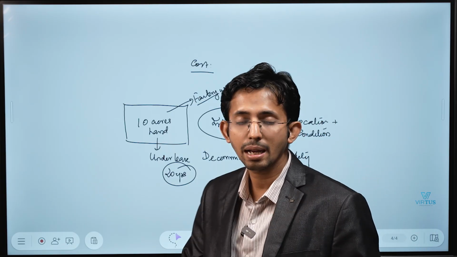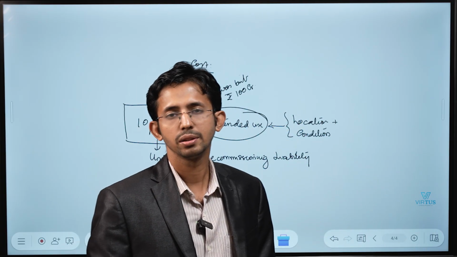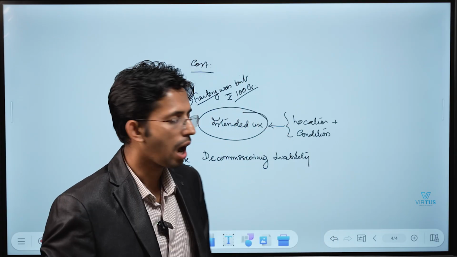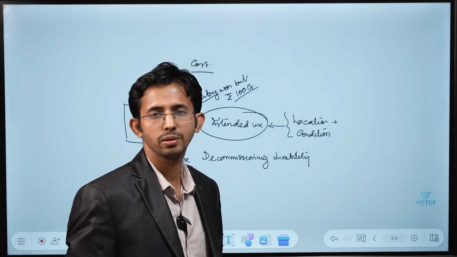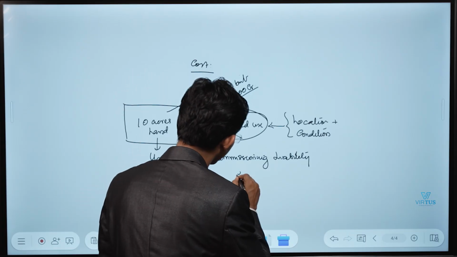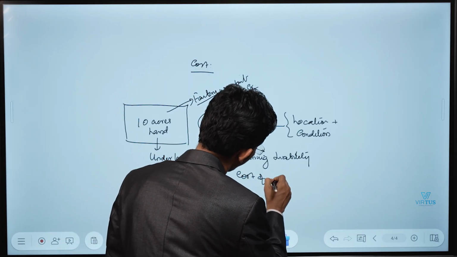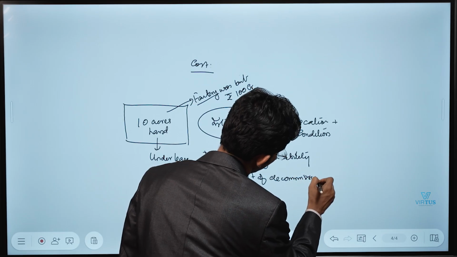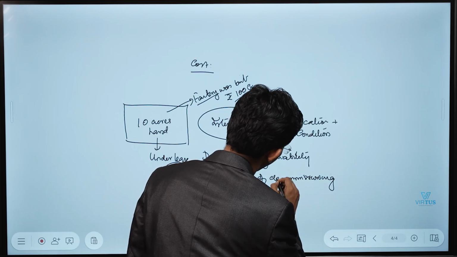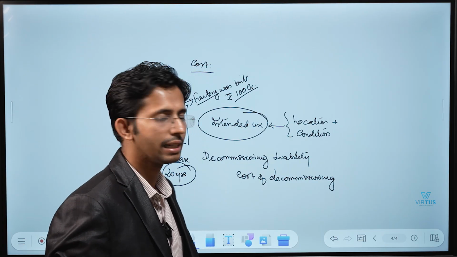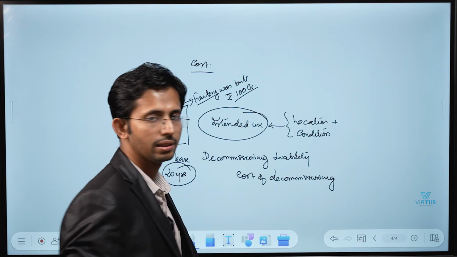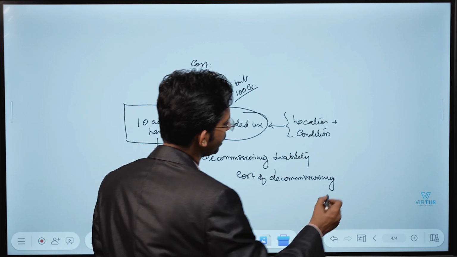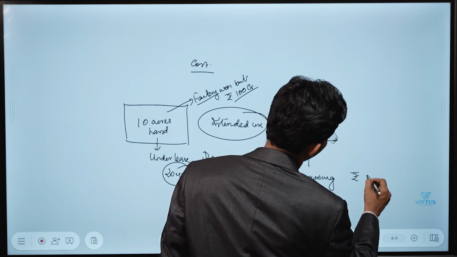Now, when you decommission such a big asset, where you have invested 100 crore, after 20 years, you will have a cost. So, cost of decommissioning. Let's say after 20 years, to decommission the entire factory, you might incur another, let's say, 50 crore.